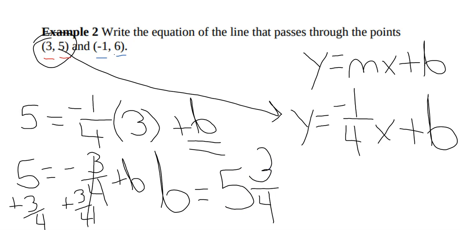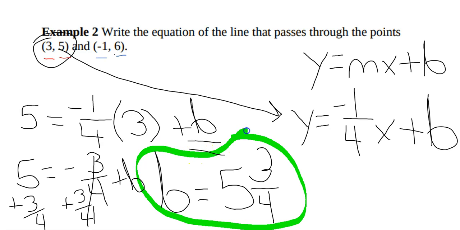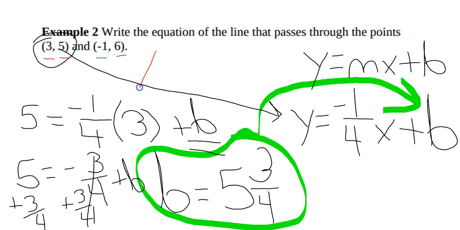So now if I look here, I solved for my m by using that formula, and I solved for my b by plugging in and solving. Now I've got my answer. My answer is going to be y equals -1/4 times x plus 5 and 3/4.